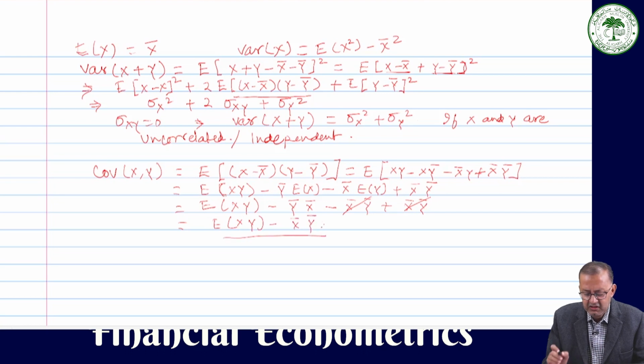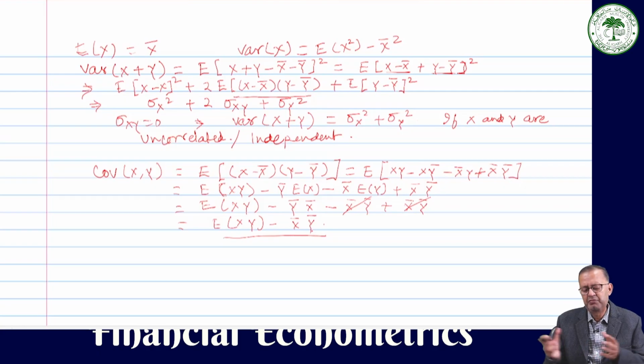This is the covariance between x and y. If the two assets are denoted by the terms 1 and 2, you can write x1 and x2, x1 bar and x2 bar.